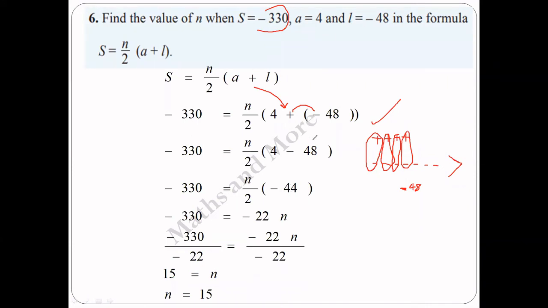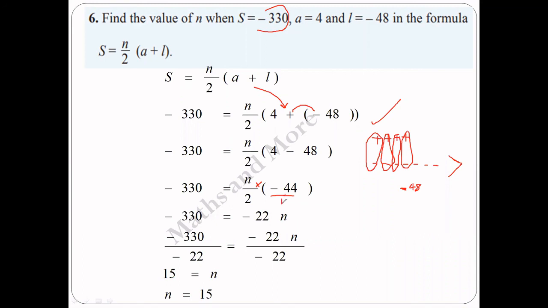Otherwise think this way. 48 minus 4 is plus 44. 4 minus 48 is minus 44. Now there's a bracket in between, and between brackets there is a multiplication sign. If you want, you can think of the denominator as 1.